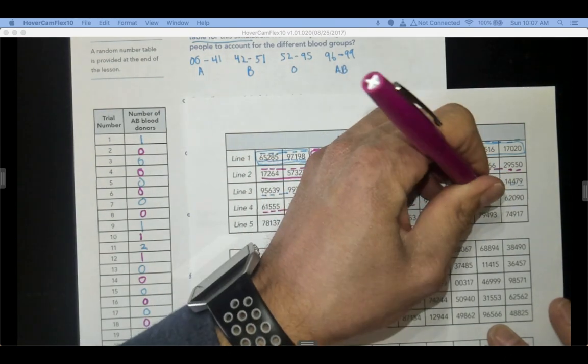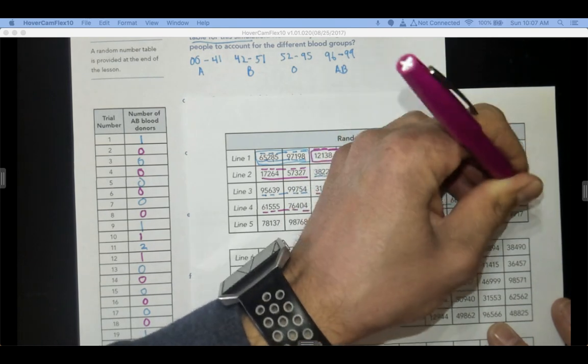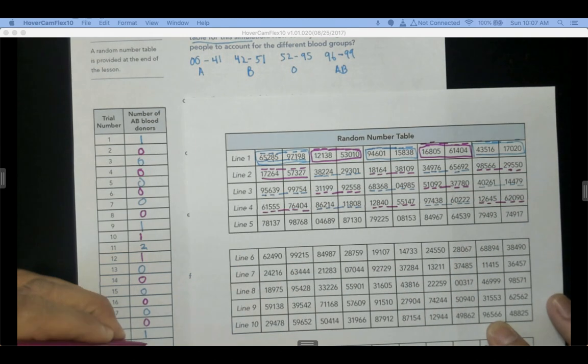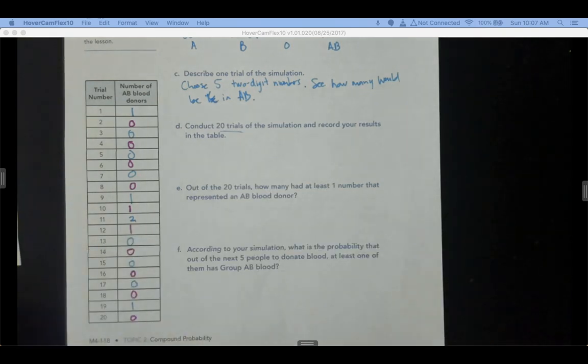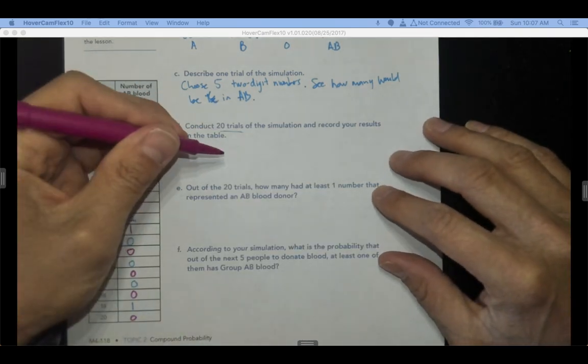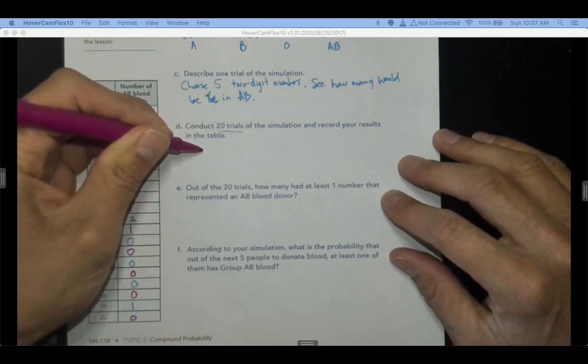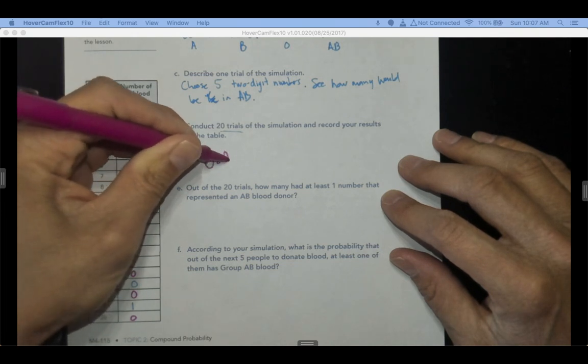And then last, 12, 64, 56, 20, and 90, 0 are AB donors. Okay, so I used my random number table to conduct 20 trials, and I recorded the results in the table. So I can write done in for this one.